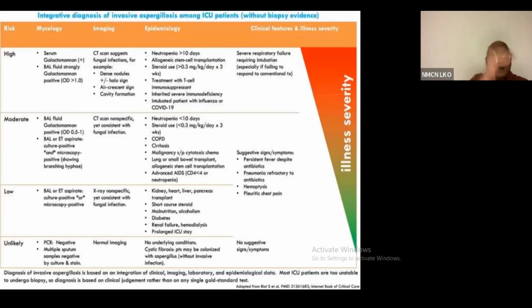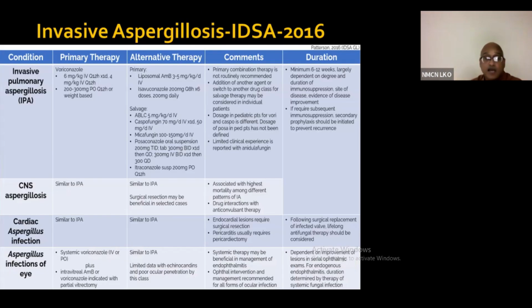It depends upon high, moderate, low, which I just told you. So the more severe, then mycology, which is more important, then imaging, so it is clinical, imaging, and mycology based and risk stratification based treatment guidelines for invasive aspergillosis. And this is what is being recommended as primary therapy, alternative therapy. So for invasive aspergillosis, the primary therapy will remain voriconazole.